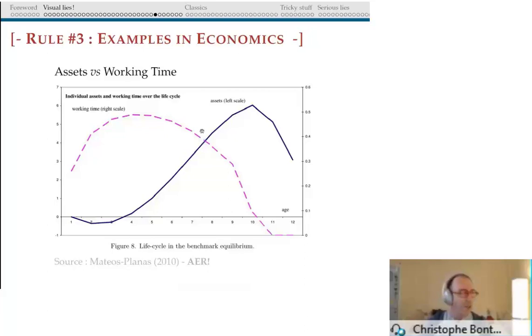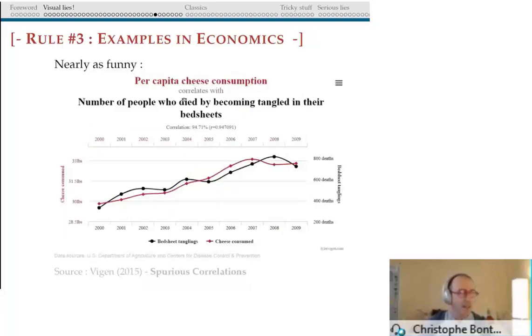If you want to play and have fun, you can go to this website. I have opened it for you, spurious correlations, where you can find whatever you want. This one is already very funny. You have the number of people who died by becoming entangled in their bed sheet, the black line on the right axis.